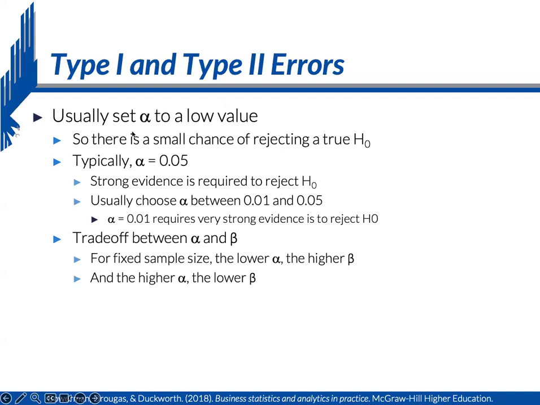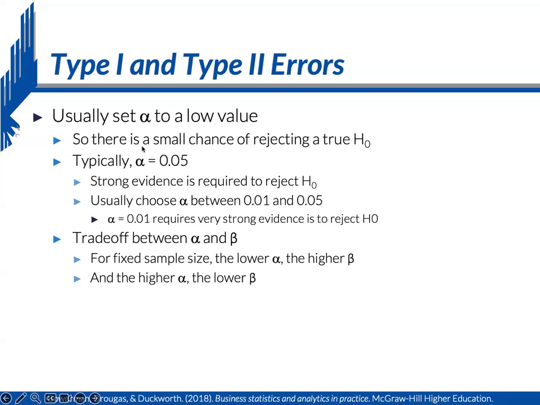And this is also why in hypothesis testing, we pay more attention to alpha instead of beta. Because alpha, again, is the probability of committing a type 1 error. And this is also the reason why we usually set alpha to a low value.